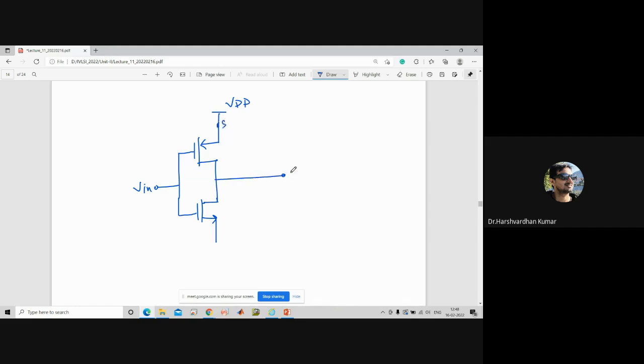Now this is Vout, here the drain side. Now the capacitive load here, C load. This is NMOS, and this is PMOS. Let us say this is M2 and this is M1 here, no problem.